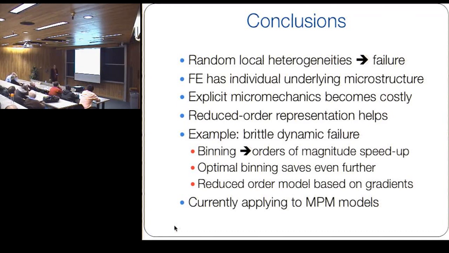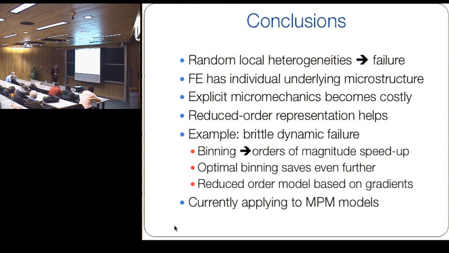Instead, we try to use a reduced order representation, and in the examples I gave here, typically for brittle dynamic failure, cutting down the number of microstructure parameters that you have to represent. So binning cracks is a parameterization, or thinking cleverly about how you develop gradients and maybe can you use those whenever possible.